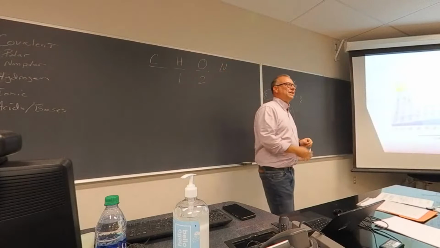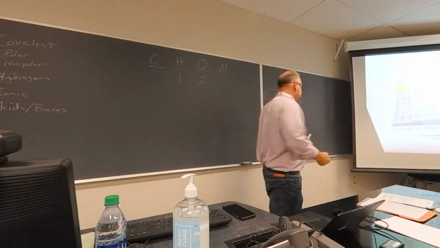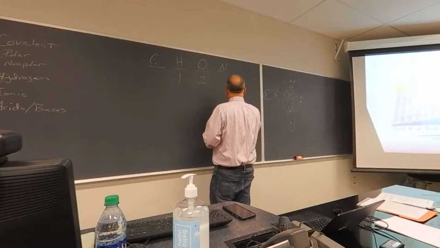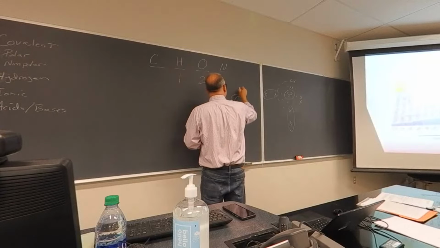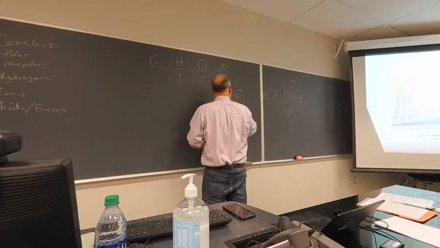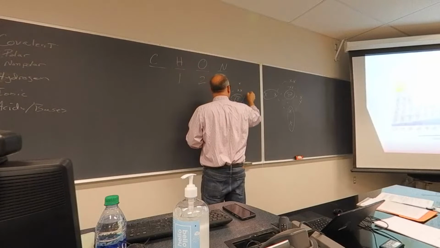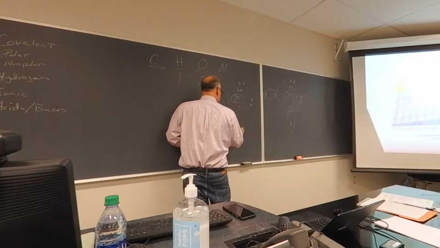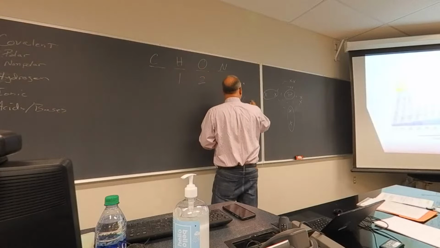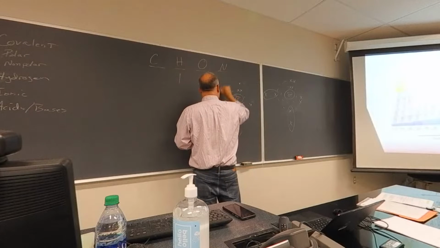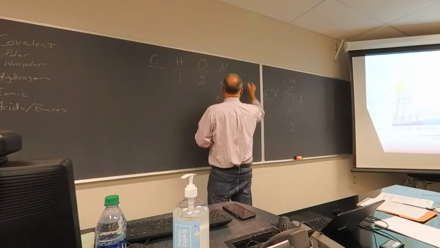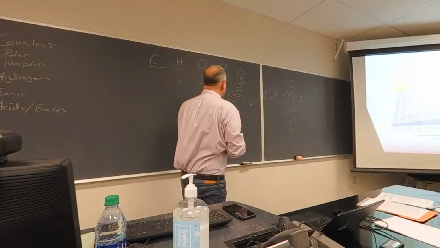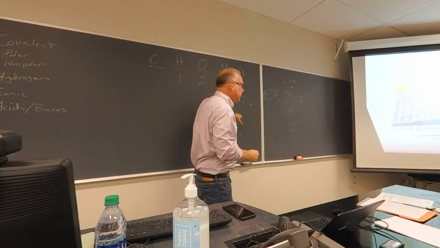So 2. How about nitrogen? How many covalent bonds can you make with nitrogen? 7 protons. 3. So you can do 1 here, 1 here, 1 here, and then you're at 8. 1, 2, 3, 4, 5, 6, 7, 8.